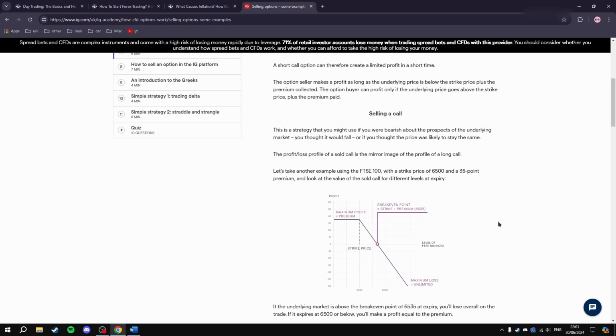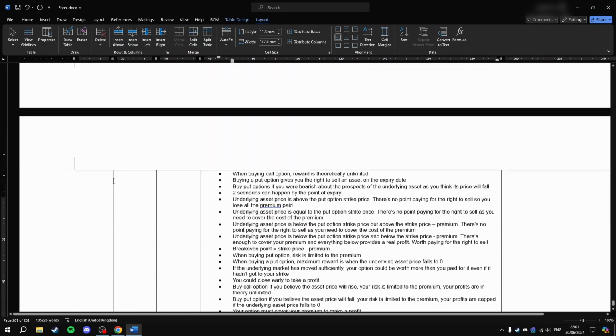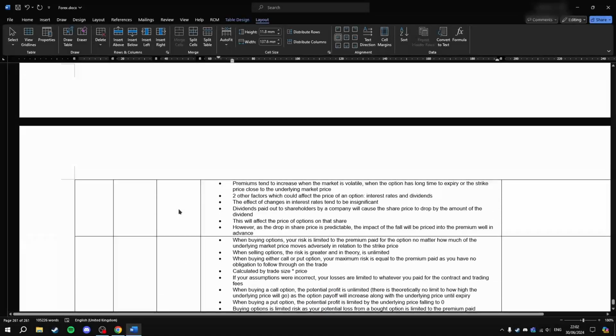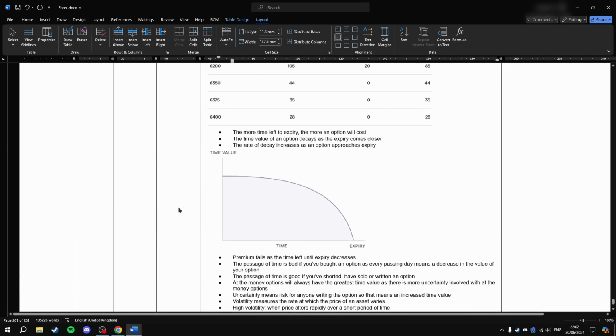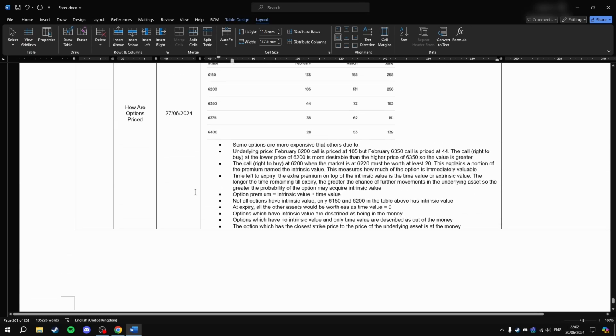So a short call option is when you hope the price is going to go down, right?